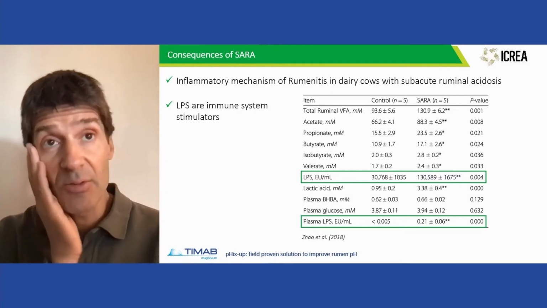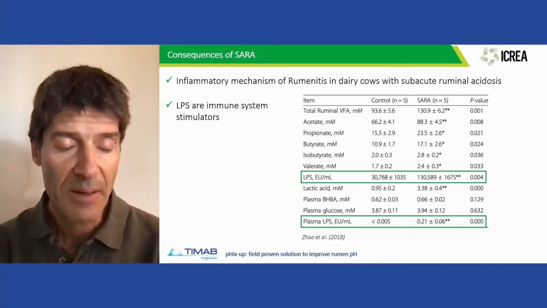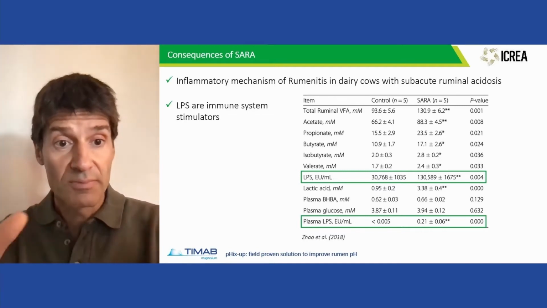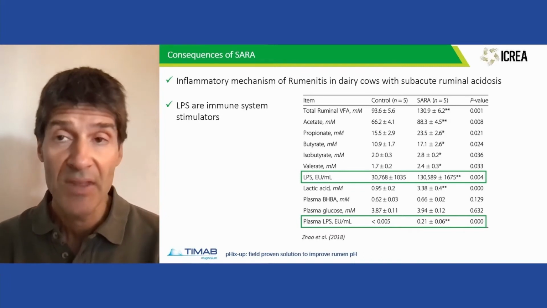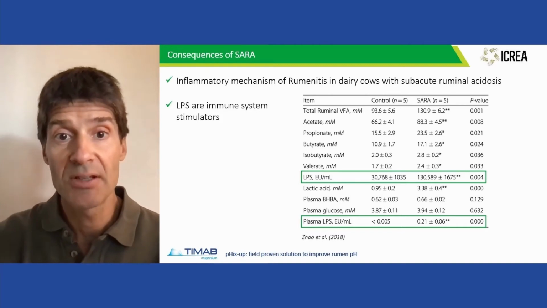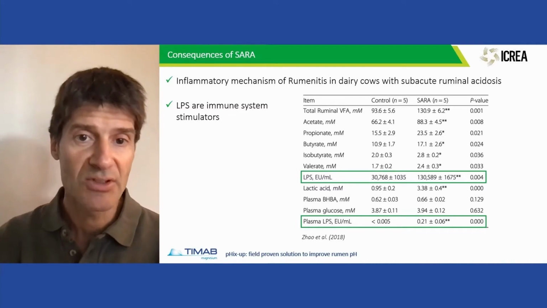Basically, when some of these bacteria die, like gram-negative bacteria, some fragments of their bacterial wall will be exposed, like lipopolysaccharides. These lipopolysaccharides are powerful immune stimulators. They actually promote inflammation.